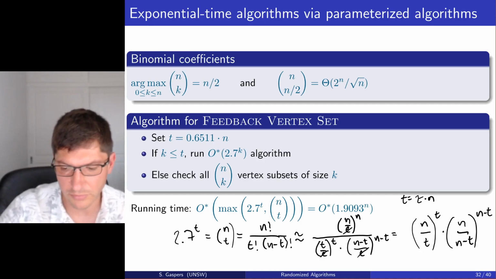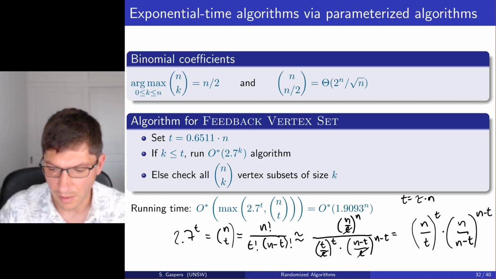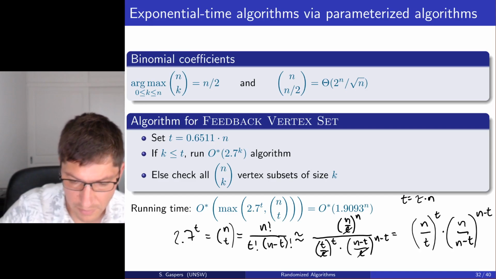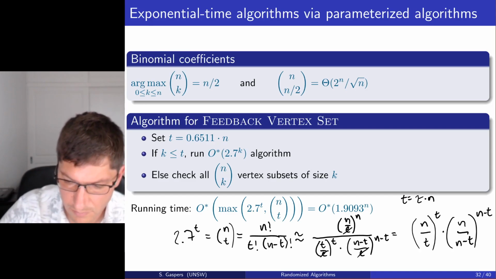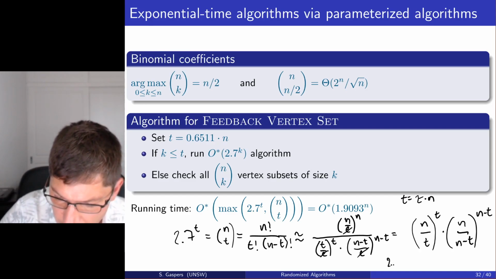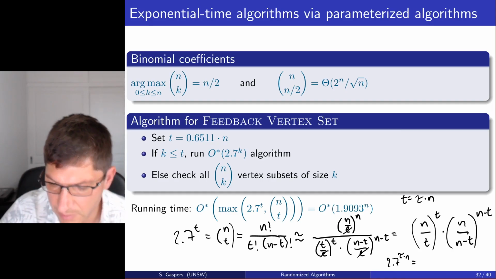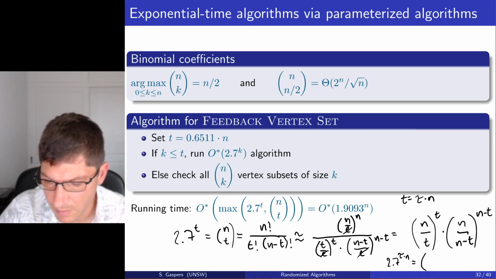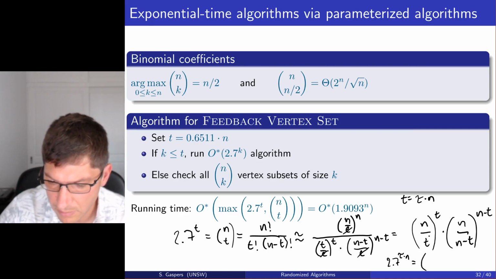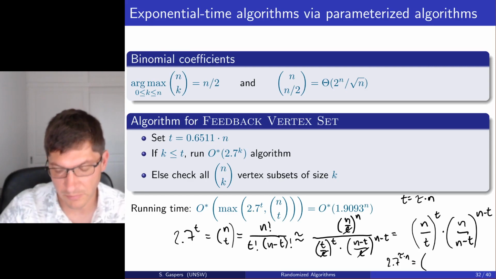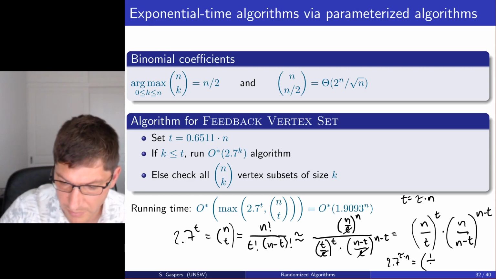That's what we want to find out. Now we can say, okay, so we want that 2.7 to the power tau times n is equal to, and now, well, I have n on the top and tau times n on the bottom, so I can simplify by n, and this becomes 1 divided by tau.